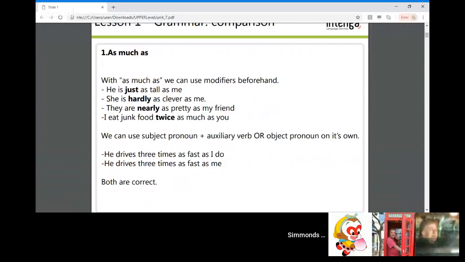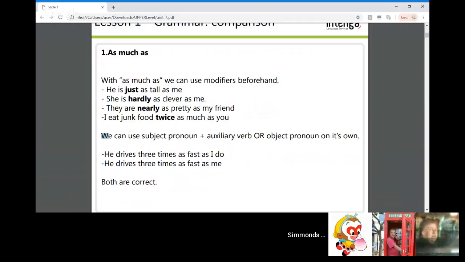He drives 3 times as fast as I do. More or less, this is the structure that we're going to focus on. So, as I do or as me. Physically, these are the differences.